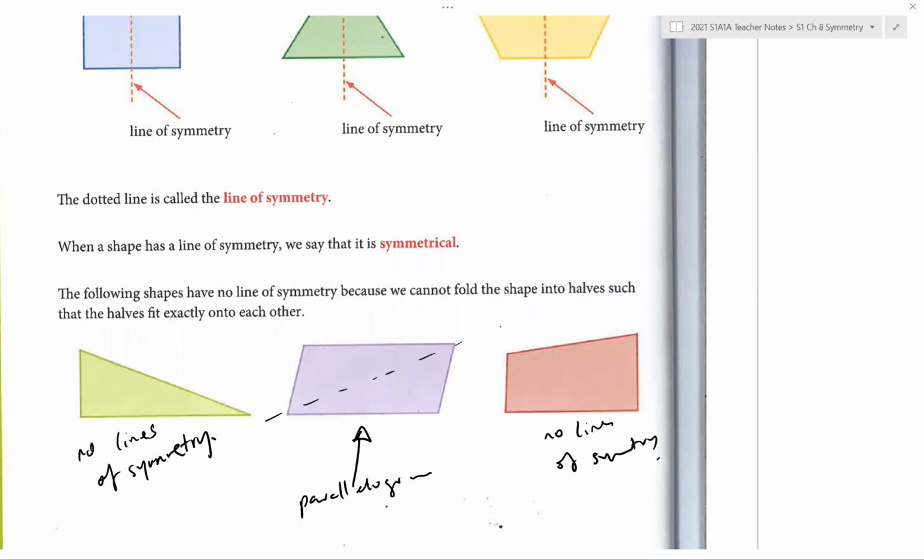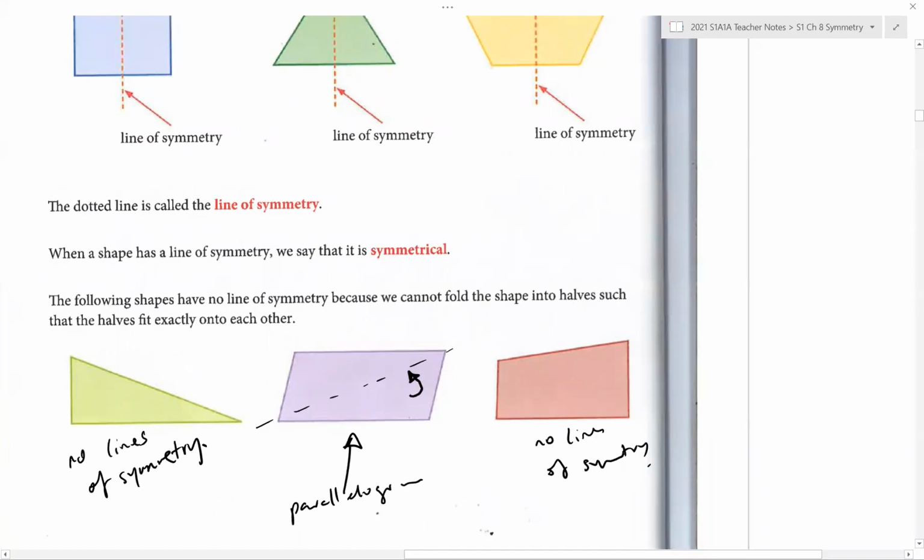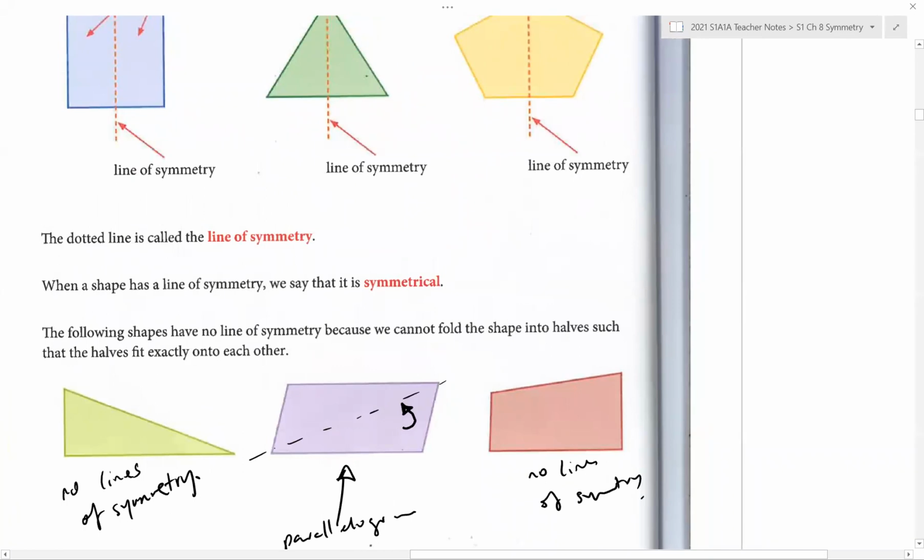You are going to end up, wow, this is difficult. If I fold this side over, it will look like this. Can you see? If you fold the bottom up, you will get that shape. This is the portion that is folded up. Okay, so it doesn't fit nicely. That's why we say it's not symmetrical.